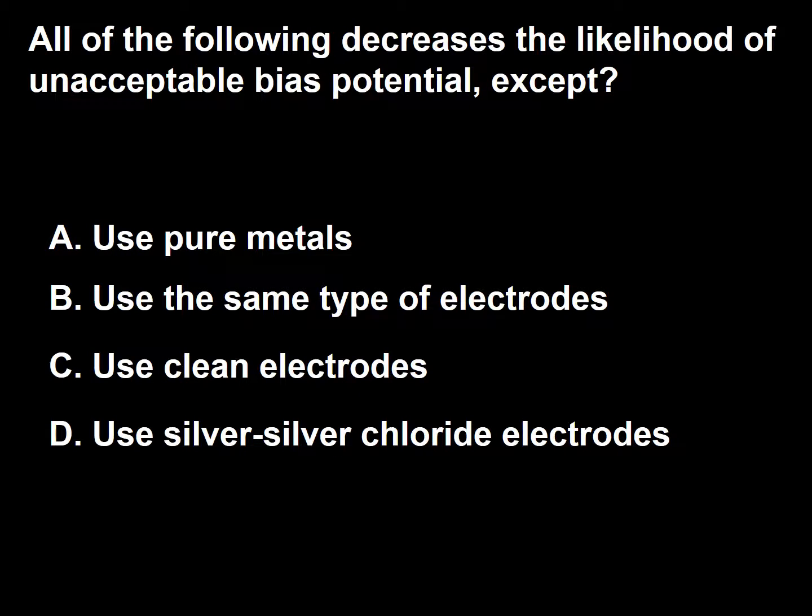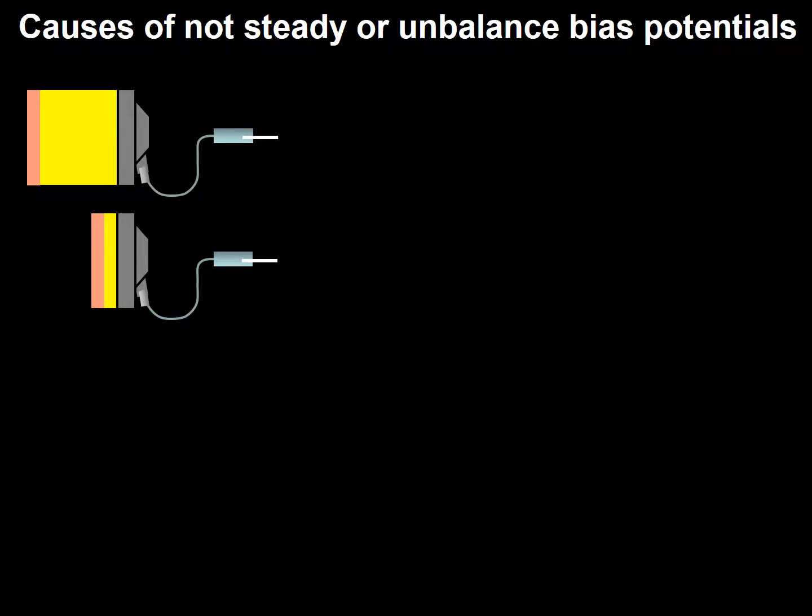Next question is, all of the following decreases the likelihood of unacceptable bias potential except A, use pure metals, B, use the same type of electrodes, C, use clean electrodes, D, use silver chloride electrodes. The causes of not steady or unbalanced bias potentials are many.